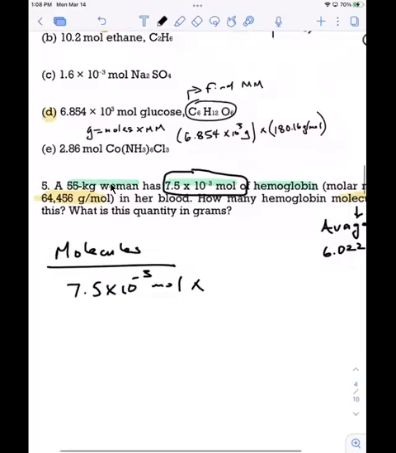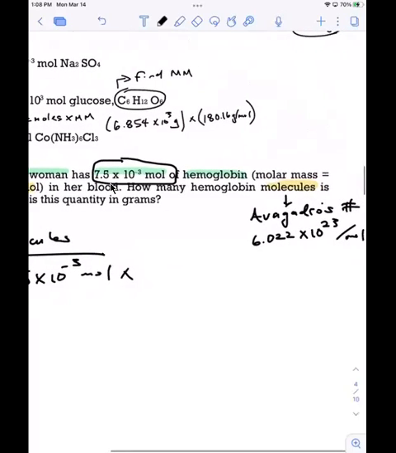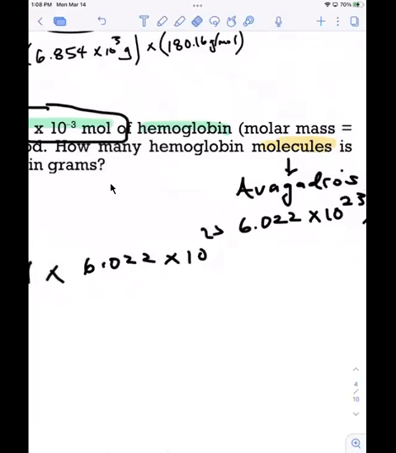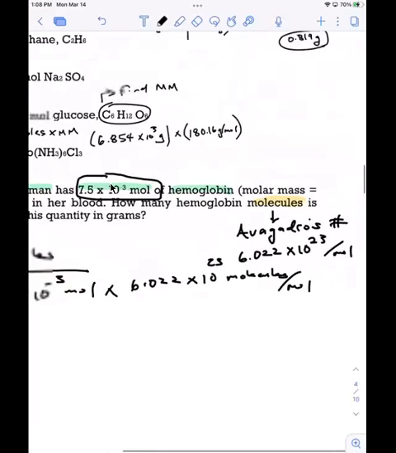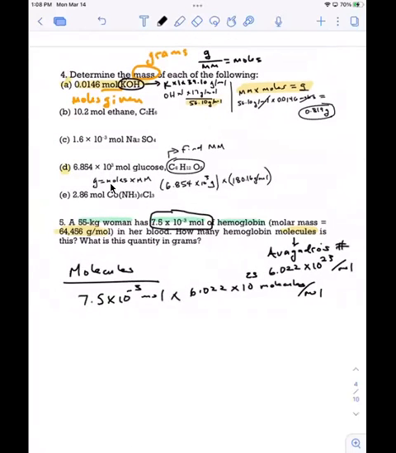We're going to just multiply that by Avogadro's number, but for the discrete unit that we're looking for, we're going to put molecules in the top. So it'll be 6.022 times 10 to the 23rd molecules per mole. The moles are going to cancel and we'll end up with molecules.